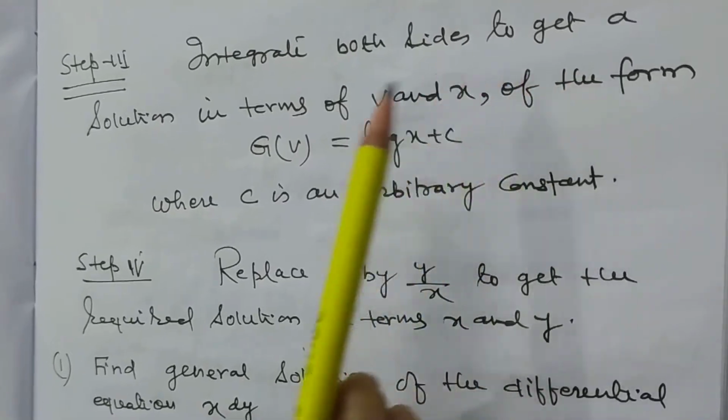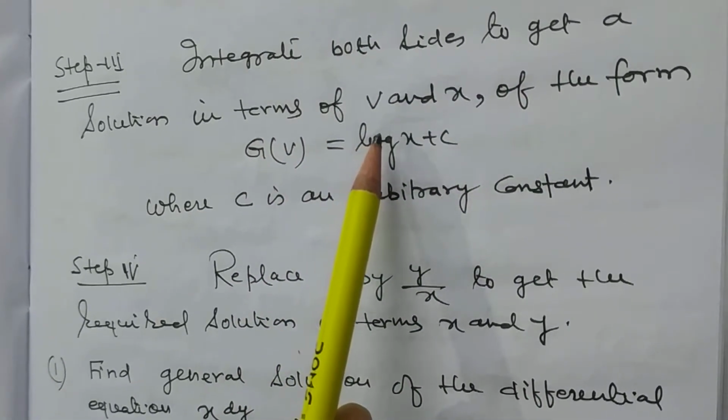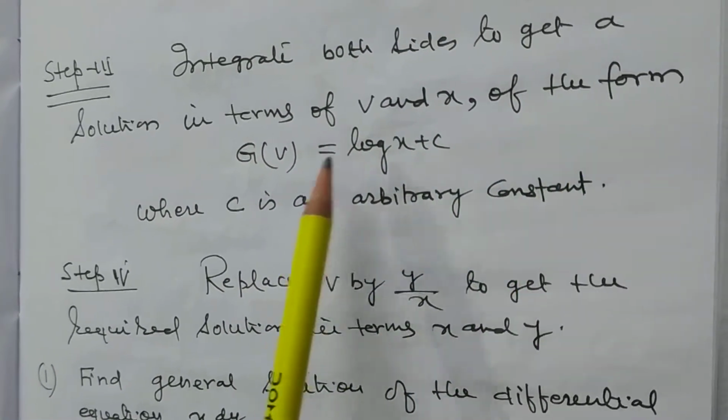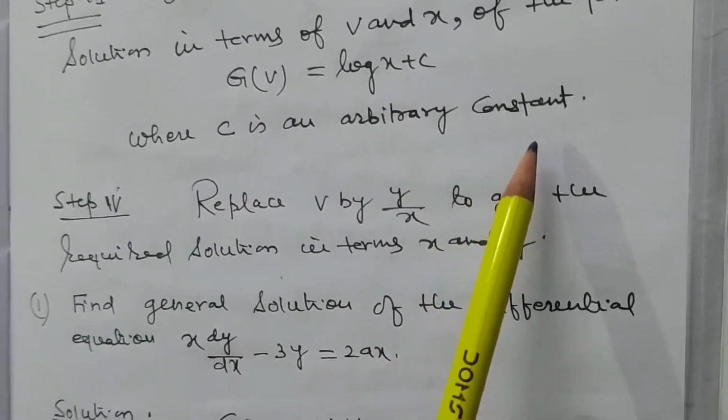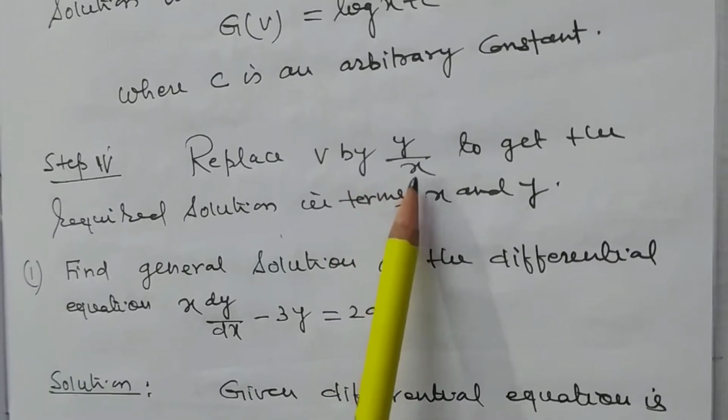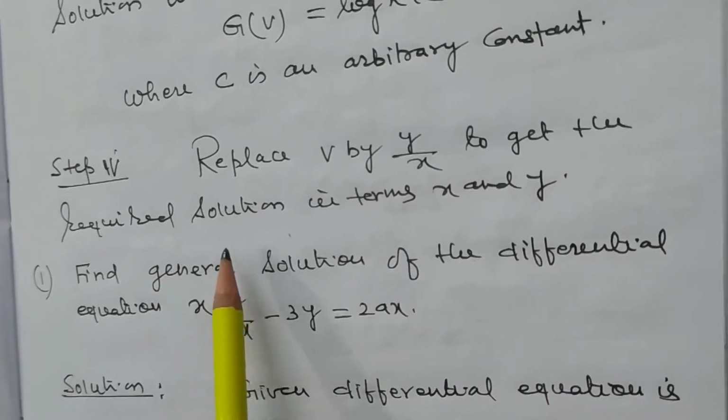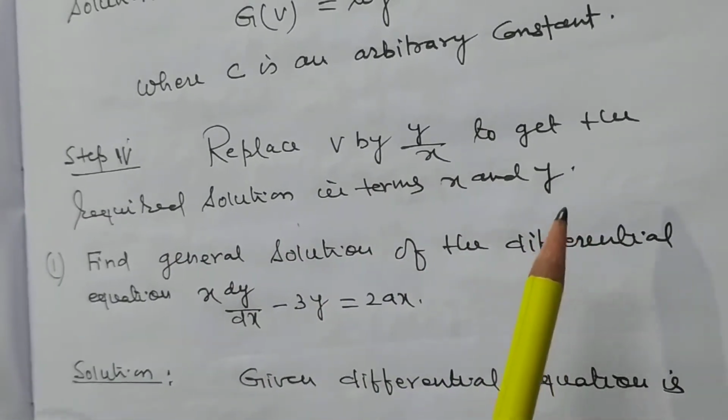Integrate both sides to get a solution in terms of v and x of the form g(v) = log x + c, where c is an arbitrary constant. Replace v by y/x to get the required solution in terms of x and y.